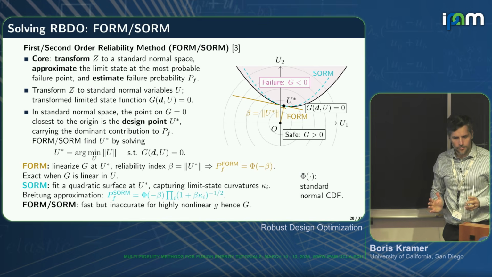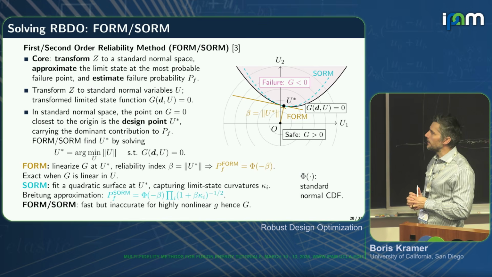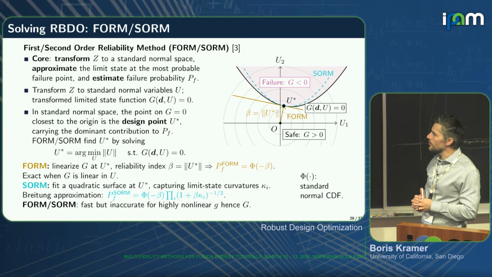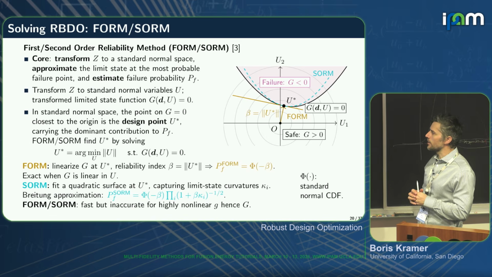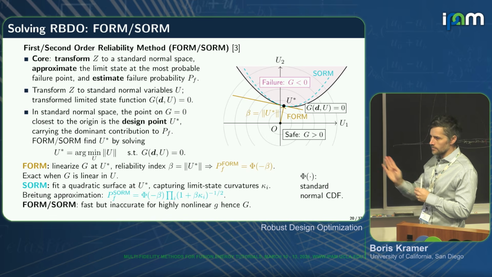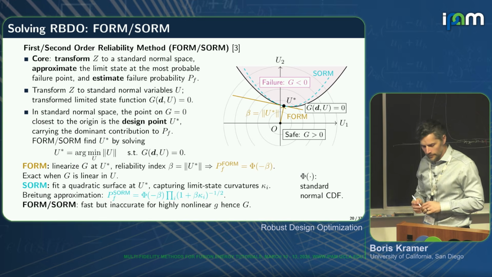But the idea is pretty simple in both cases, and it's widely used in the structural engineering community. You do this transformation, this change of measure, and then you just solve this minimization problem, and you're basically done. That's one way to get it.